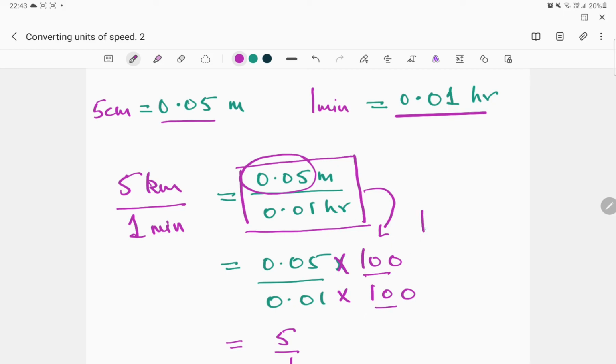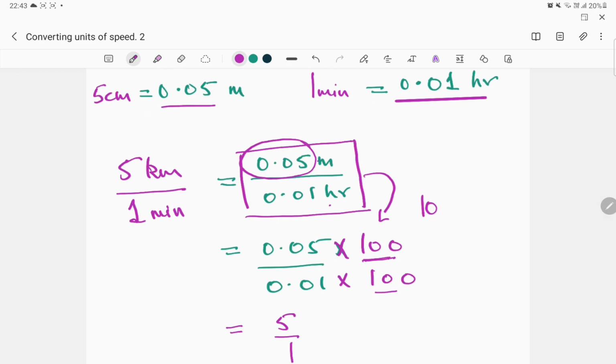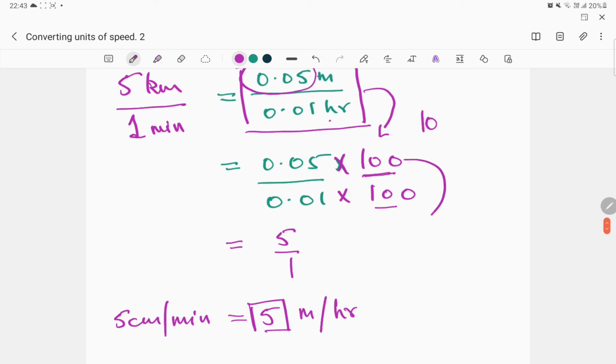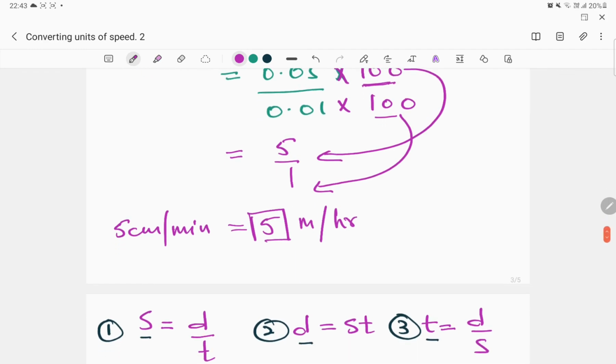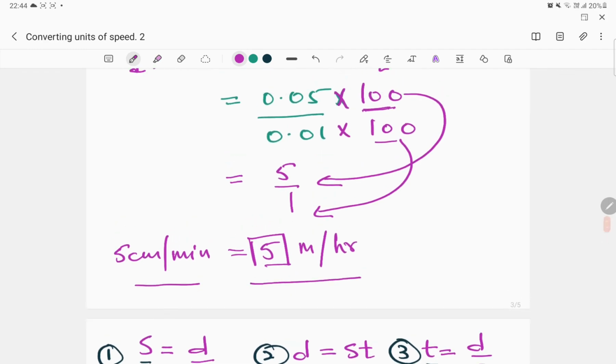Well, I could have done it by 10, but I'm doing it by 100. Why I am doing it is something that I'm going to tell you in the next video if you do not know it. So if I multiply both the numerator and the denominator by 100, I get 5 upon 1. This becomes 5 and this becomes 1, and then I divide 5 by 1 and I get 5. So 5 centimeters per minute is 5 meters per hour.